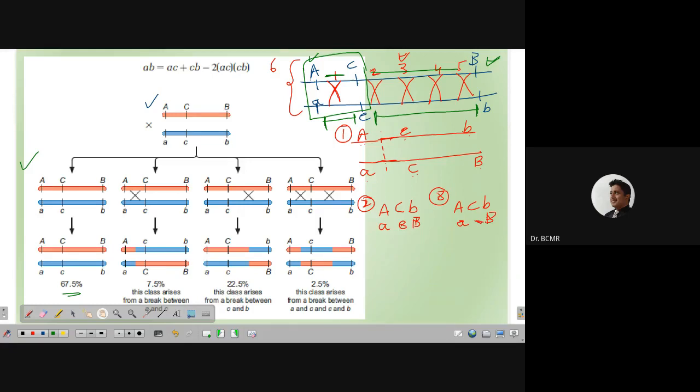There is also a very rare probability that 2 crossing overs happen between 2 non-sister chromatids in one meiotic division, something like this. In that case, you will have capital A, small c, capital B. It is twice recombinant. Compare with others, capital A, capital C, and small b. You don't see patches like this exchanged. If you have two crossing overs, there will be exchange and formation of patches like this.